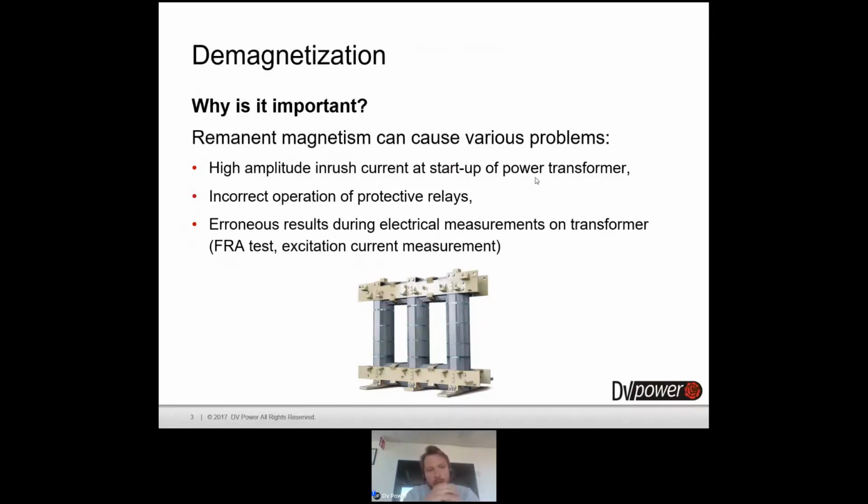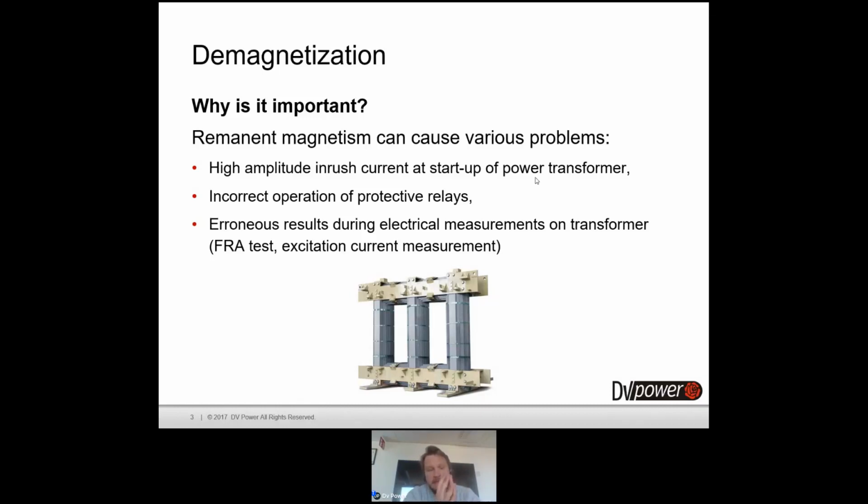However, our transformer will not operate properly if we have a magnet inside the core. So we can expect some effects from the transformer when it is magnetized and all those dipoles are oriented in one direction.